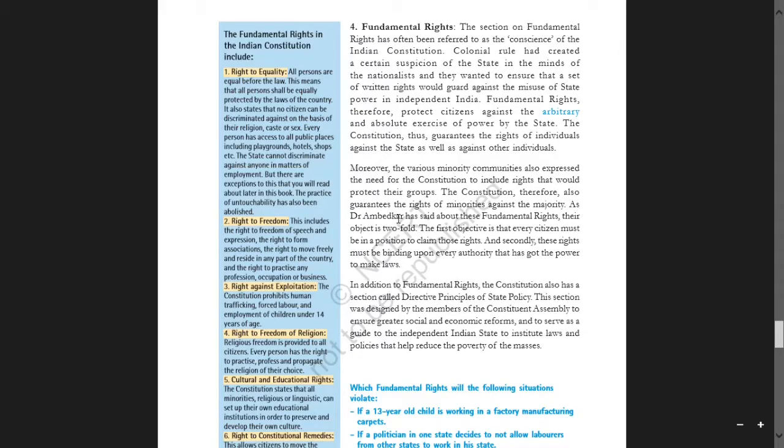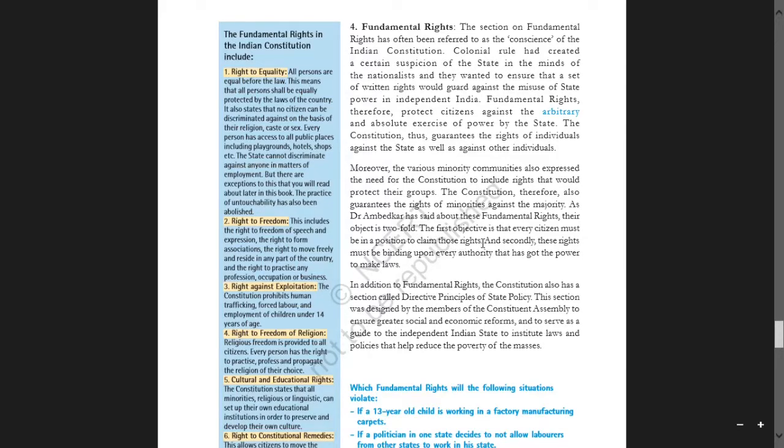As Dr. Ambedkar has said about these fundamental rights, their object is twofold. Twofold means having two parts, or double. The first objective is that every citizen must be in a position to claim those rights.